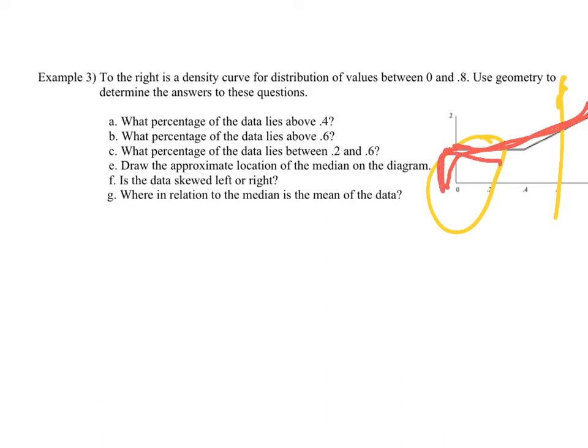Granted, it's a fat tail, but it's still a tail. It's funny, skewness always has less area than it did the other way. This has more area over here, this has smaller area. So it is skewed.